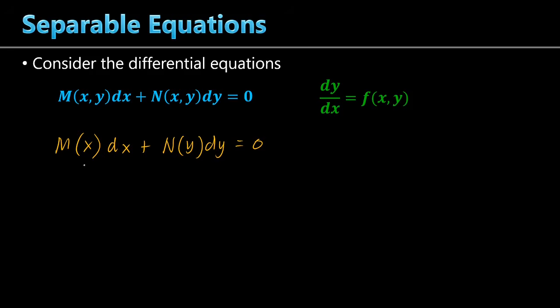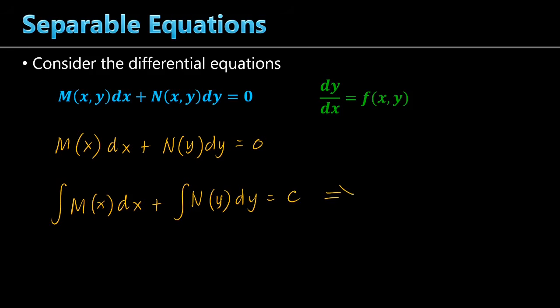Now, if we are able to separate the variables, the next step is to integrate both sides of the equation to obtain the general solution. So now, let us integrate. First, we have the integral of the term M(x) dx plus the integral of the term N(y) dy, and when we integrate 0, we will get an arbitrary constant c. Okay, so this is now our general solution.